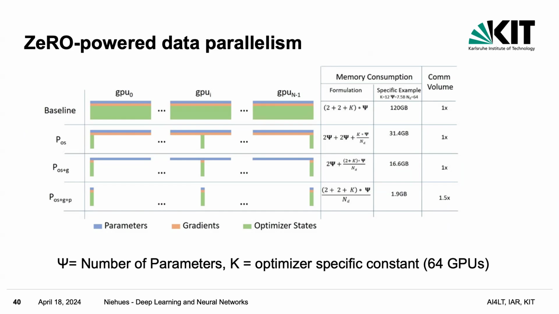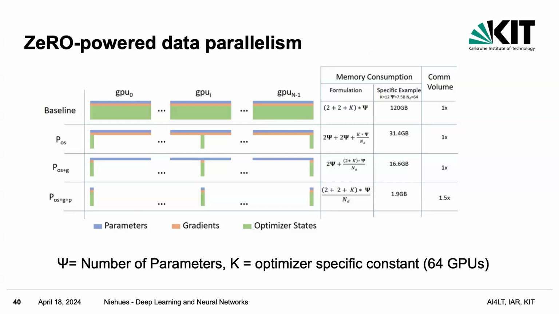That is the main idea of ZeRO-powered data parallelism: you're not storing everything on the GPU, but loading the parameters you need on demand, and the other ones are not needed and can be distributed. Any questions to that?